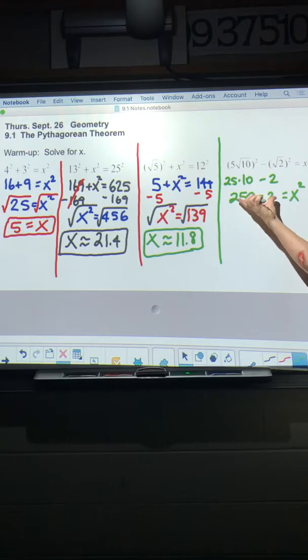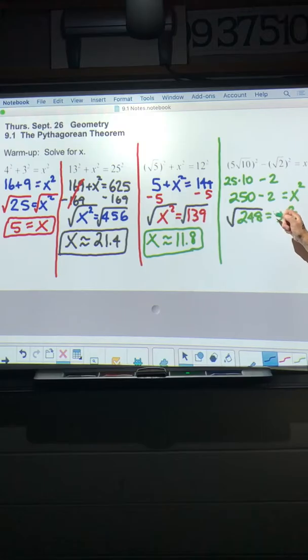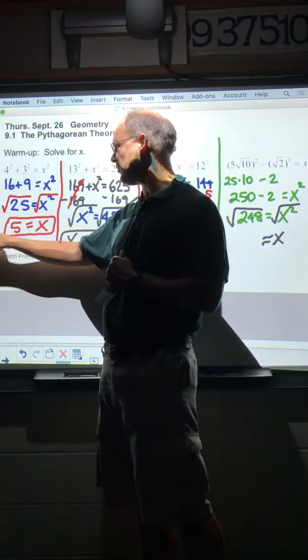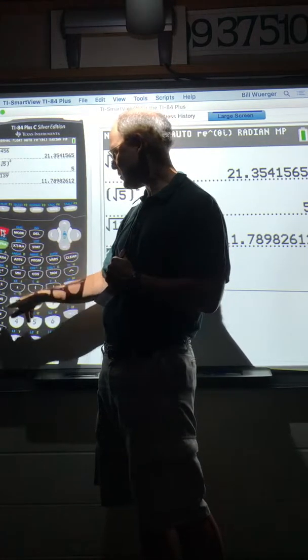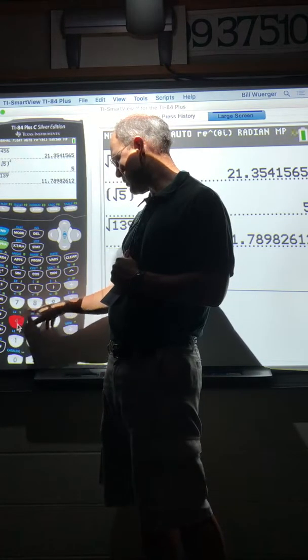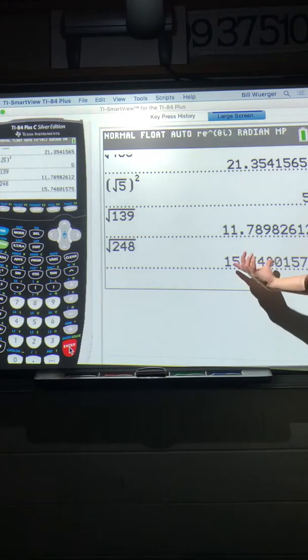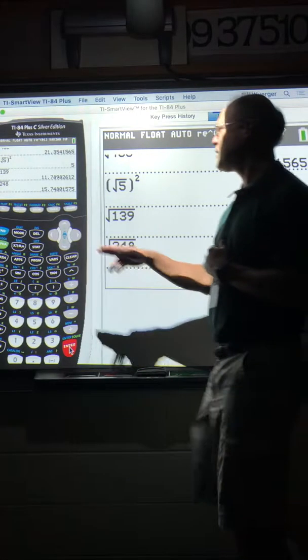Okay, so here these numbers are on the same side of the equation. Combine like terms, 248. And then take the square root. Square root of 248 is 15.74. So that's closer to 15.7 than it is 15.8. So we'll go 15.7.